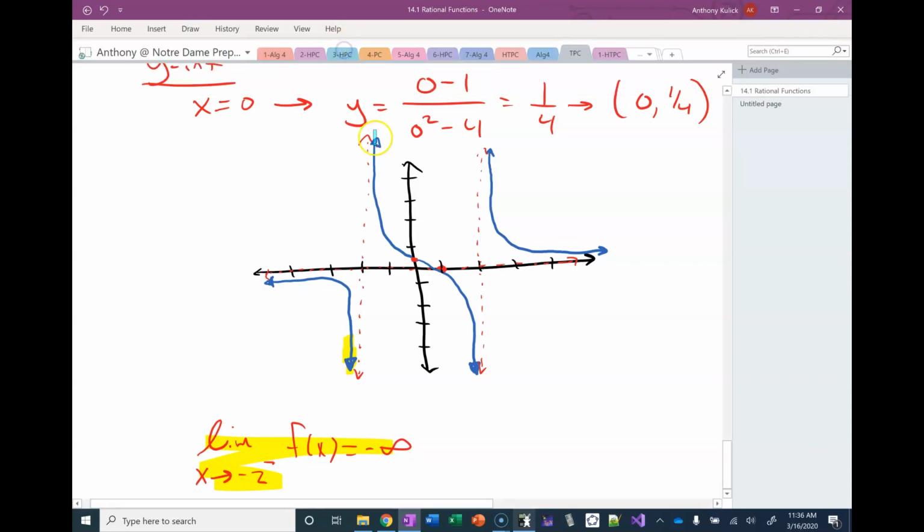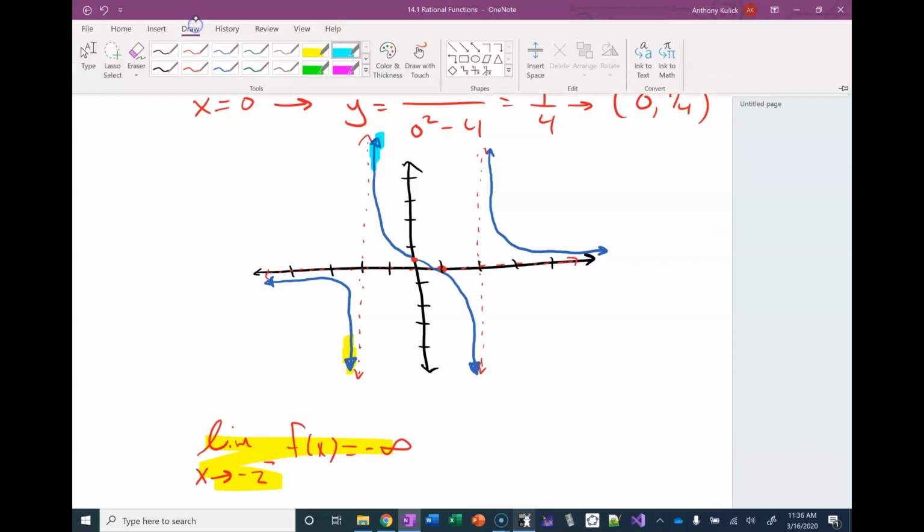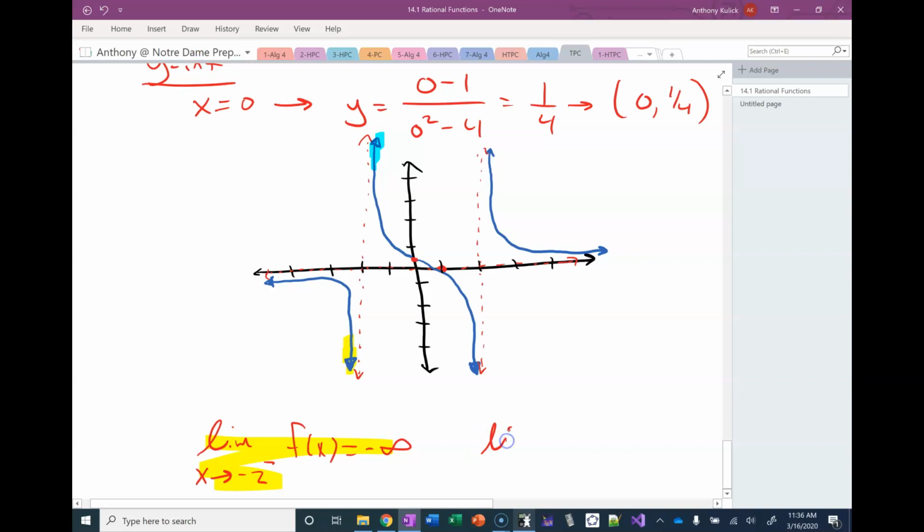Now, if we are talking about this end, we'd say that this is the limit as x approaches negative 2 from the right of f of x is equal to positive infinity, because the arrow is pointing up.